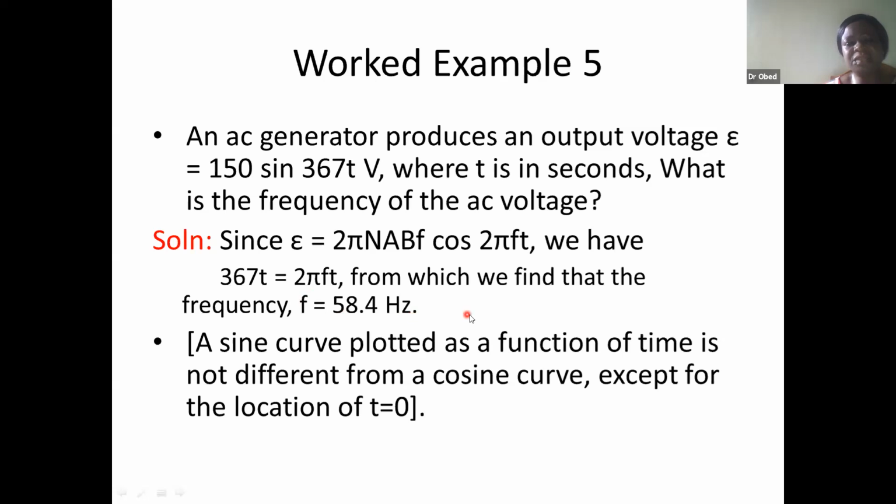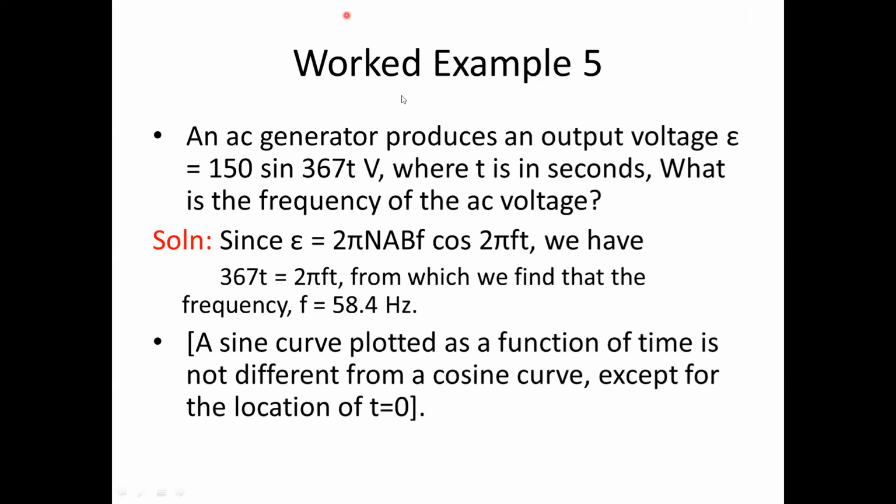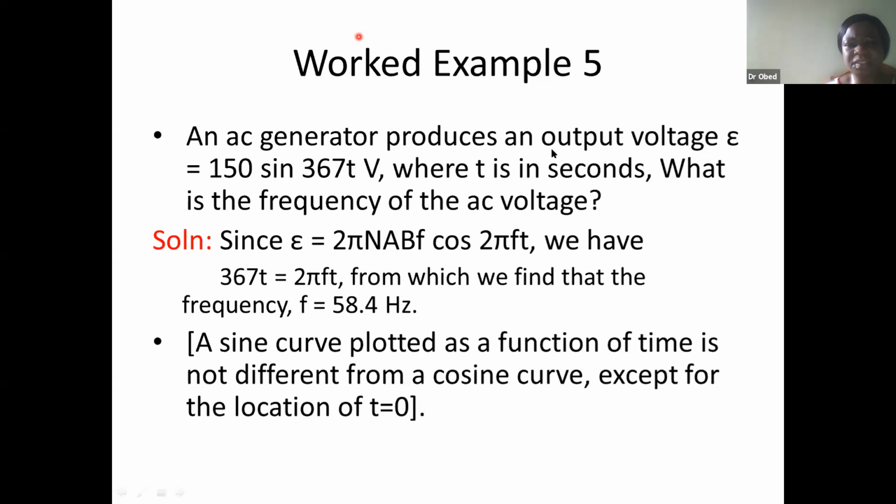But since it's a tutorial class, let's have a look at it again. An AC generator produces an output voltage epsilon equal to 150 sine 367 times time, in volts, where T is in seconds. What is the frequency of the AC voltage?